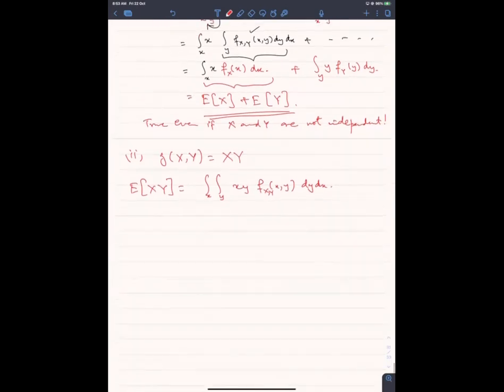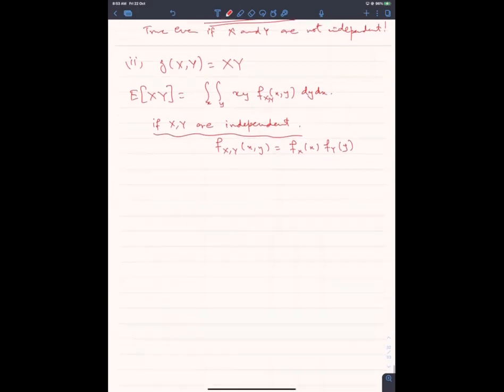Now it would be hard to solve this just like that, but I can do some simplification. If x, y are independent, now I am assuming that, then I can write f(x,y) as the product of the two marginal density functions. The joint is the product of the marginals.